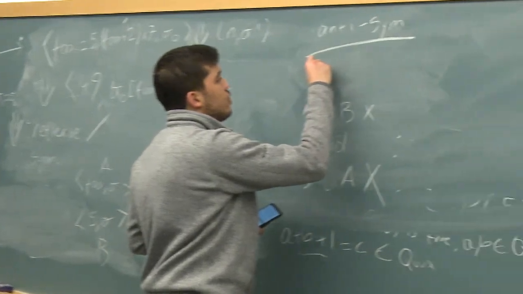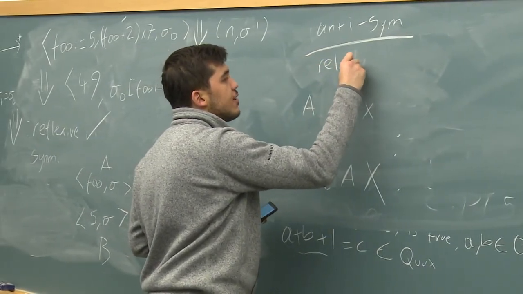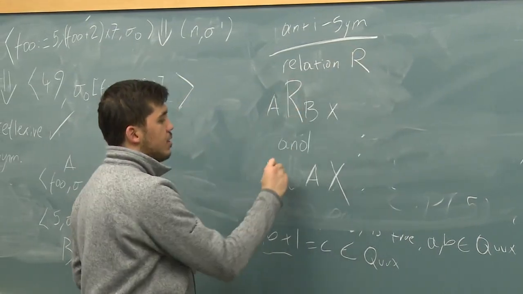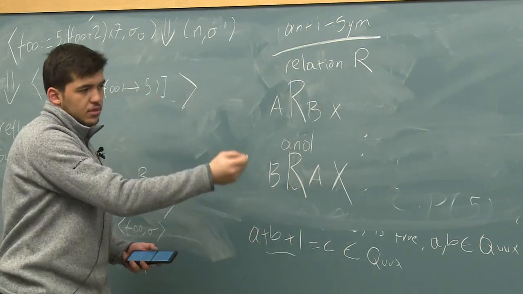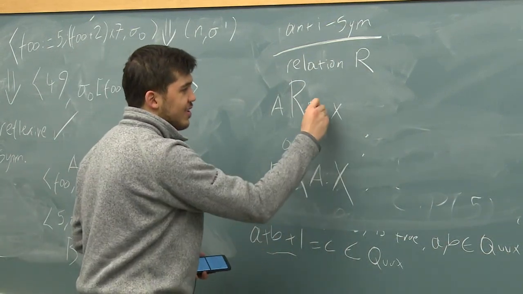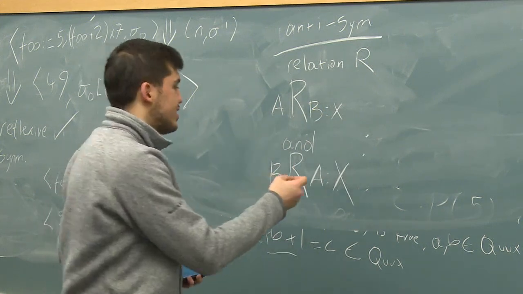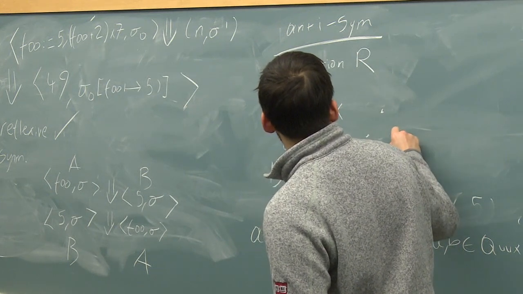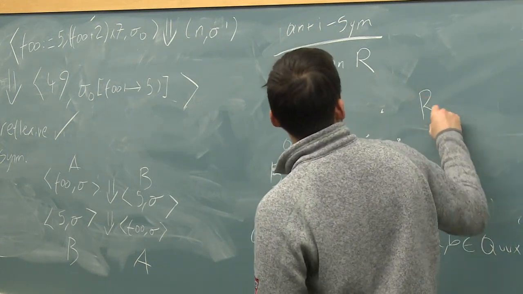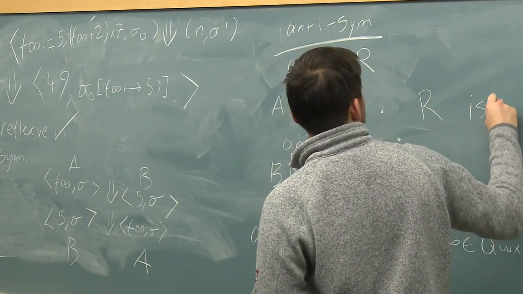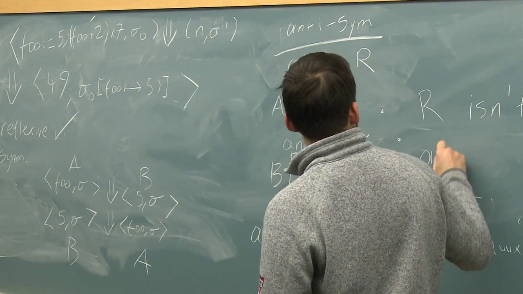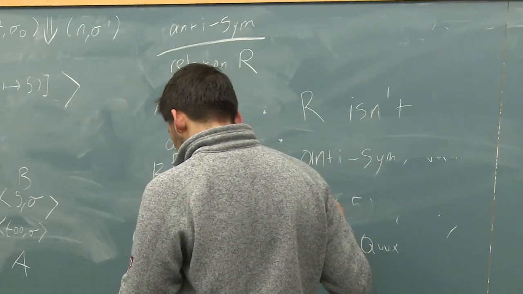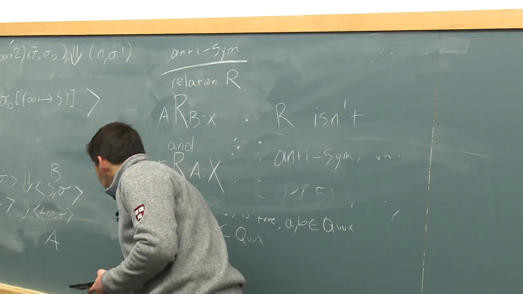So for relation R, let's say, if A R B and B R A don't work, if they just don't exist, then R is anti-symmetric. Or, I'm sorry, it is. Wait, am I confusing this? Yeah, it is, my bad.